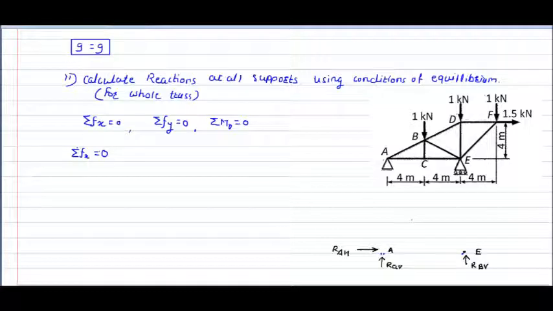Now somewhere here this point B is there, and on this point B there's one force which is 1 kilonewton. Then somewhere here a 1 kilonewton force is acting, and that is point D. And somewhere here a 1 kilonewton and a 1.5 kilonewton force is acting.